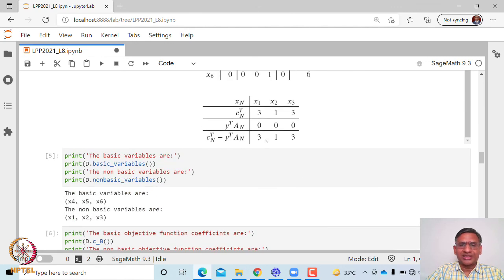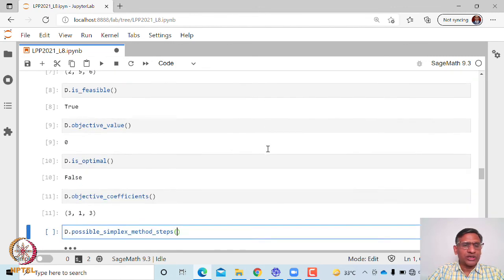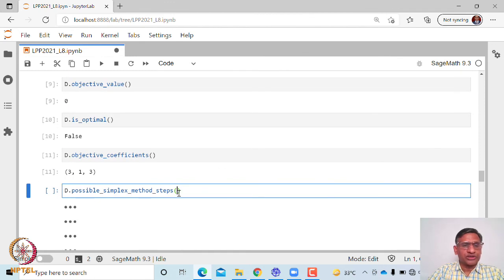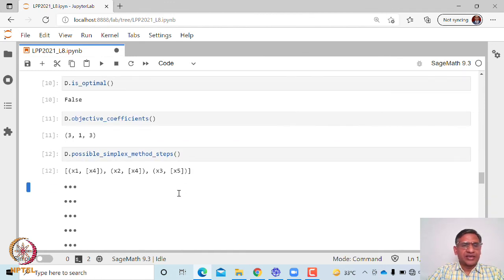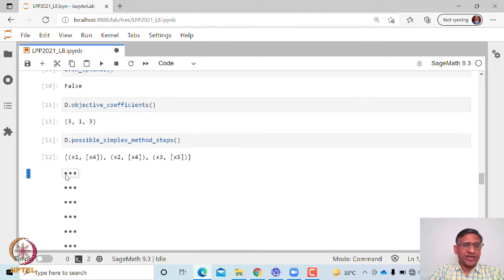These correspond to x1, x2, x3, non-basic, right? So the possible simplex steps are x1, x2, or x3.